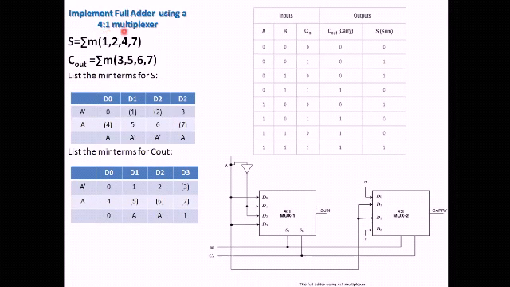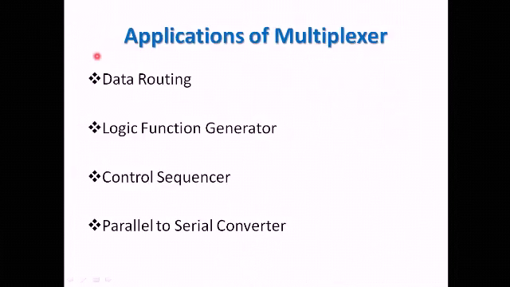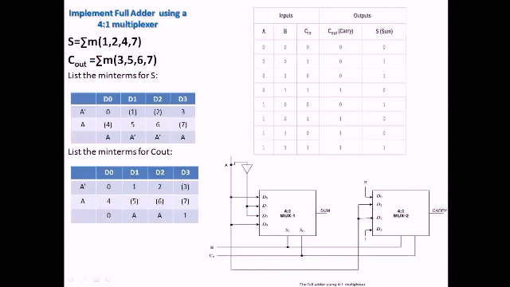So for the full adder, first of all, just write the truth table. Here the inputs are A, B and C in, and the outputs are carry and sum, or C out and sum. So we have written the truth table. That is for 0, 0, 0: 0, 0.